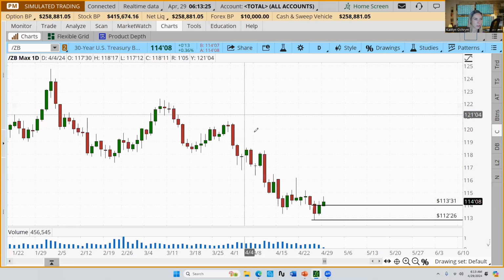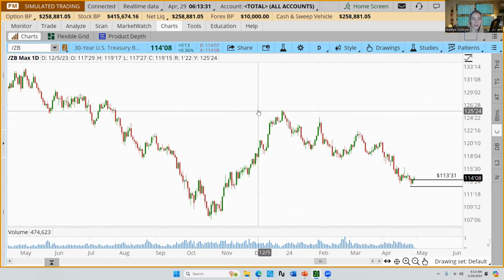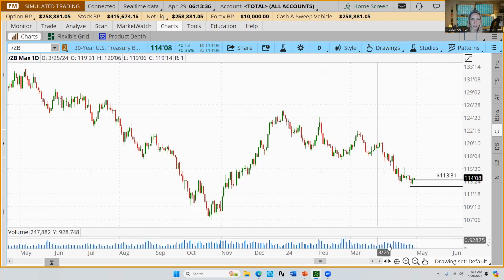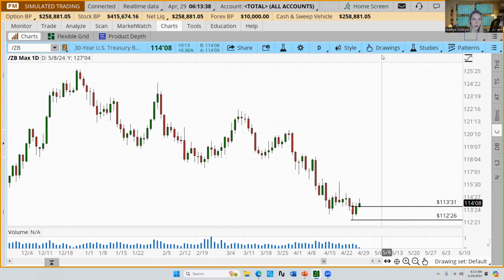So let's come out. We'll start with some of the products that we've already mentioned. Let's see, bonds. Bonds is in more of a downtrend, so making lower highs and lower lows. What I like about this 2-candle flip is the location of it.